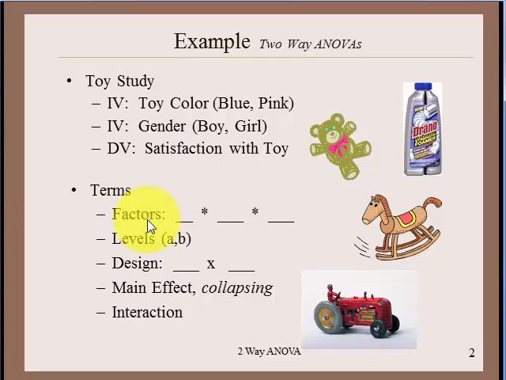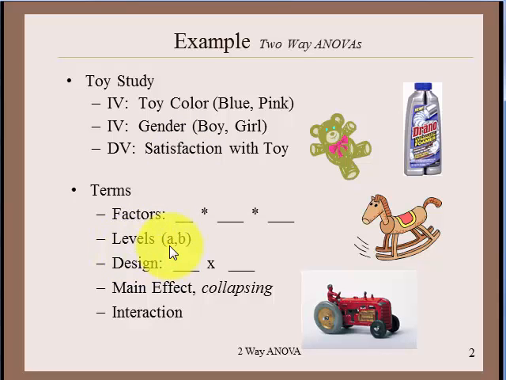So there are 3 basic factors in a two-way design. There's the A factor, which in this case, capital A, would stand for toy color. There's the B factor, which in this case would be gender. And then there's the A by B, which is written A times B. That will be the interaction between those two and how that affects the dependent variable, satisfaction.